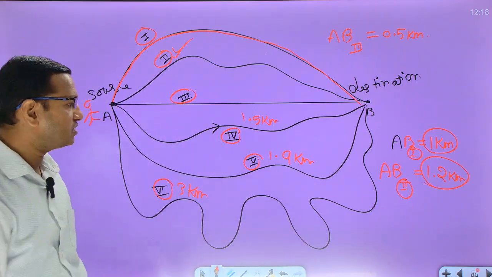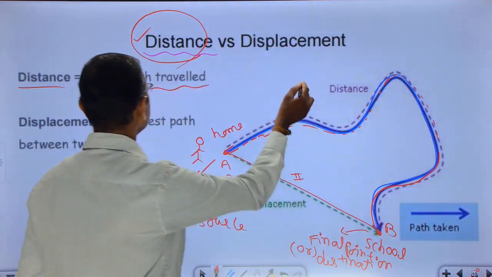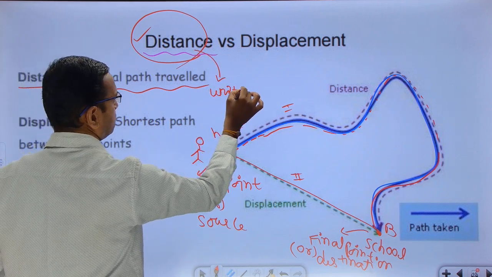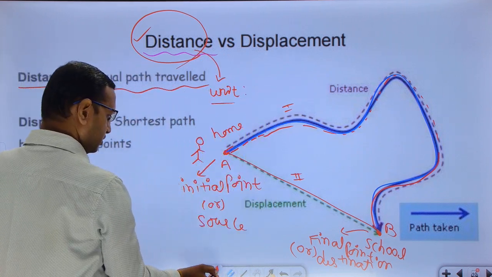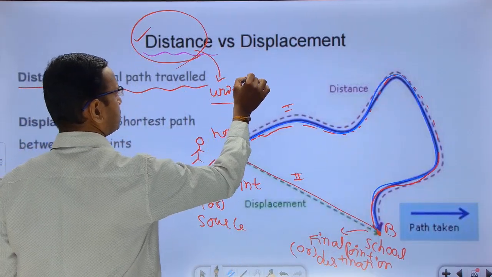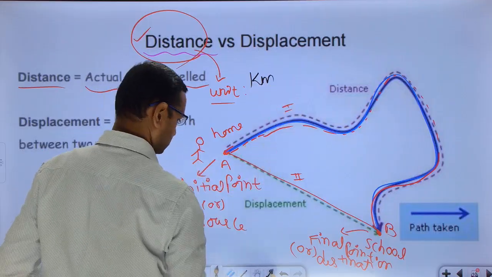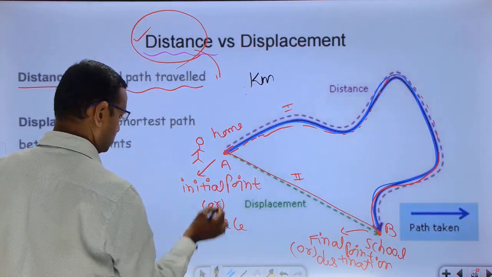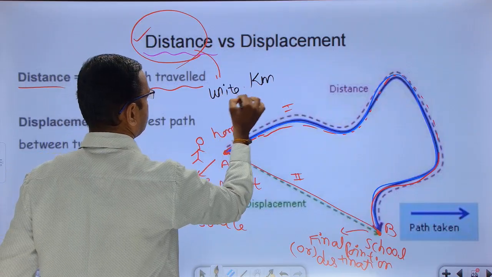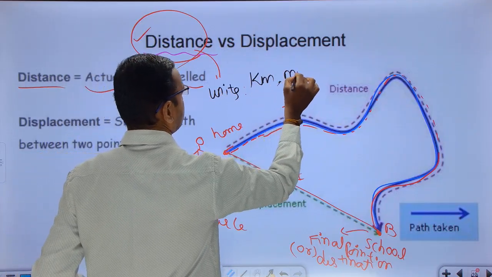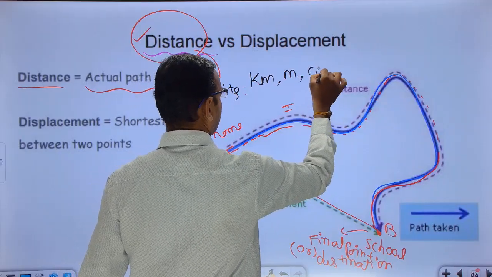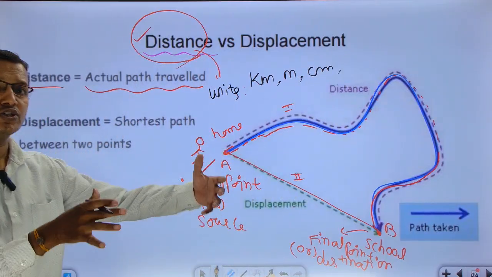The units of distance can be kilometers, meters, or centimeters, etc. Basically, distance has units of length.